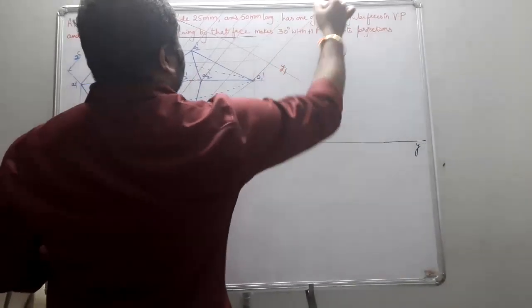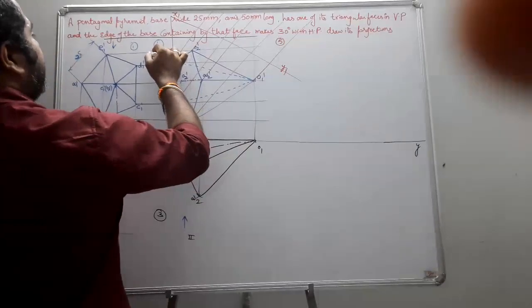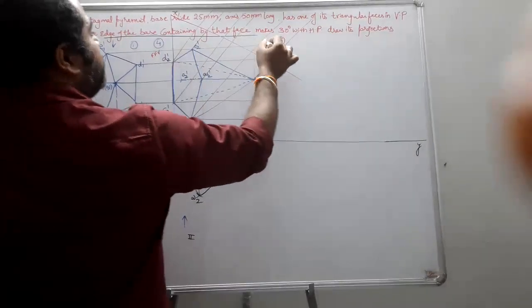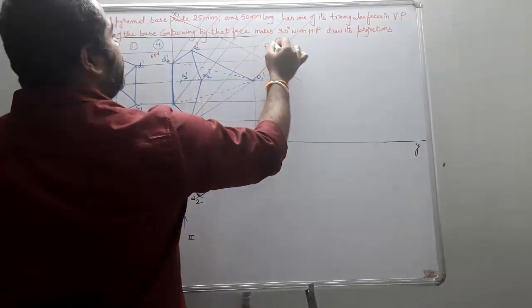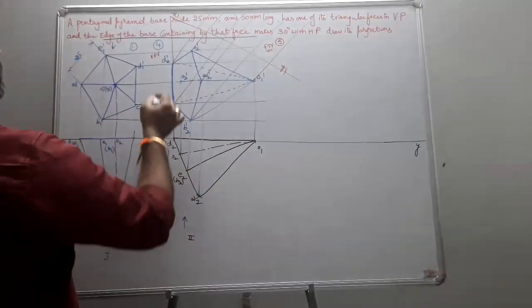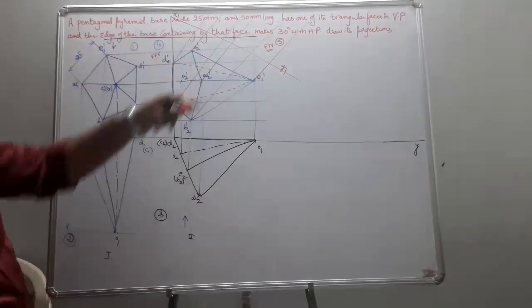Then you will obtain your fifth step here, step 5. Okay, so if this is the final front view, this fifth becomes your final top view in auxiliary. Okay, that is in auxiliary.